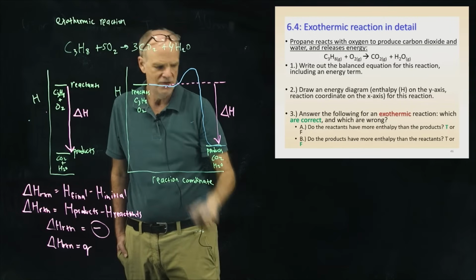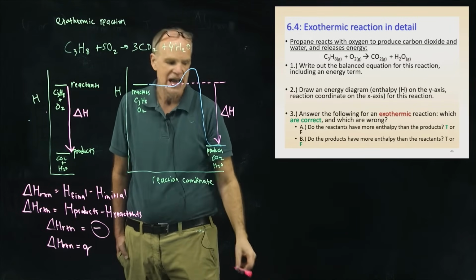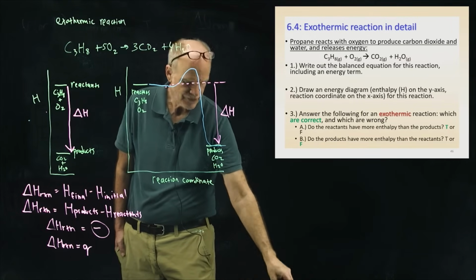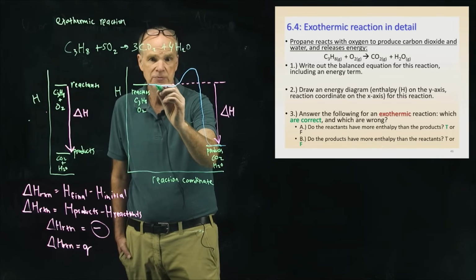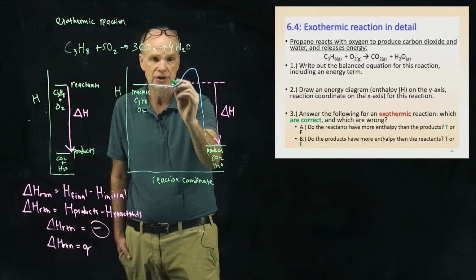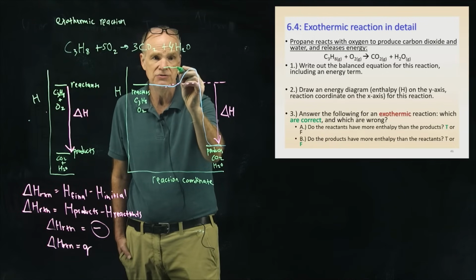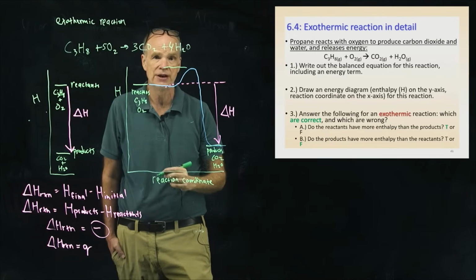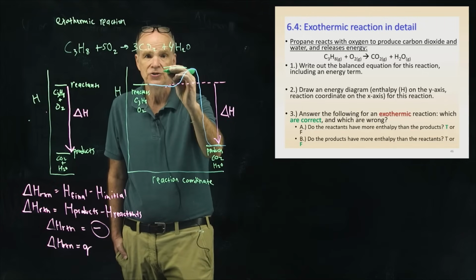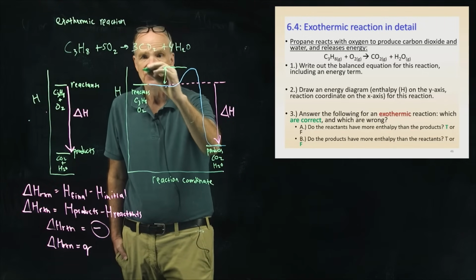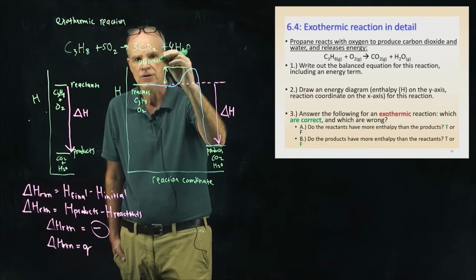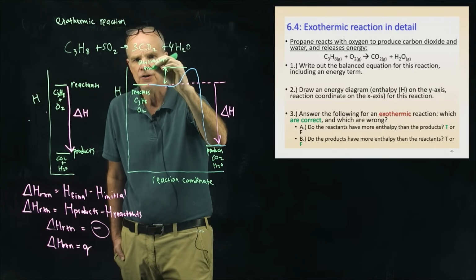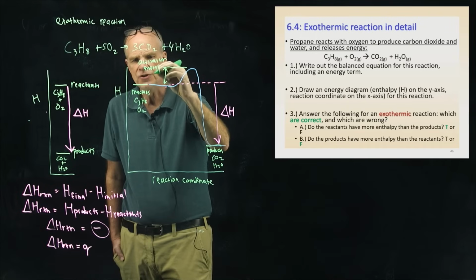Again, this bump of energy here is called the activation energy. And so the activation energy is the difference between the energy of the reactants and the energy you need at the top of the reaction to get bonds to break. So this difference here is something called activation energy, and its abbreviation is EA.